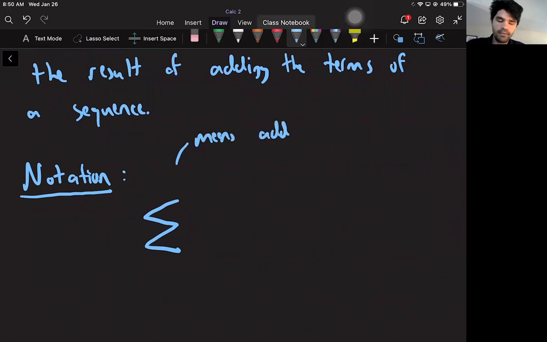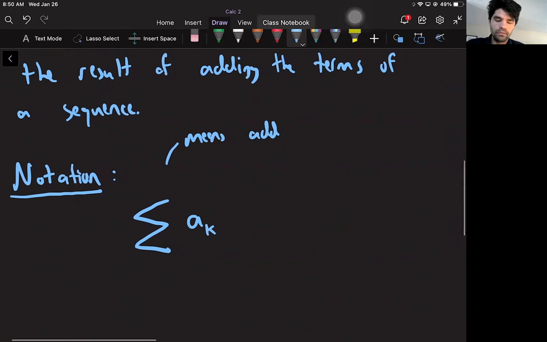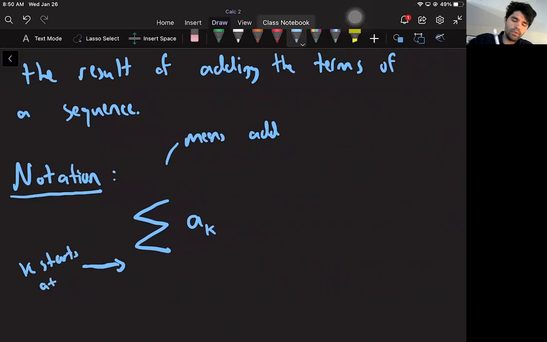It means add the terms A, I'll use a different subscript, K, where over here, you write what K starts at. So if I want to start counting at 1, I put K equals 1.